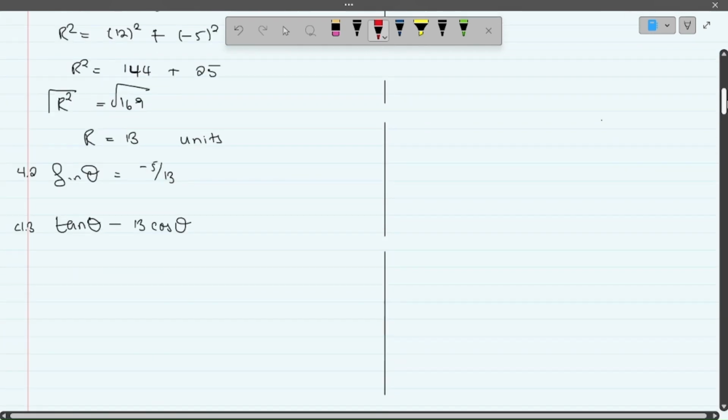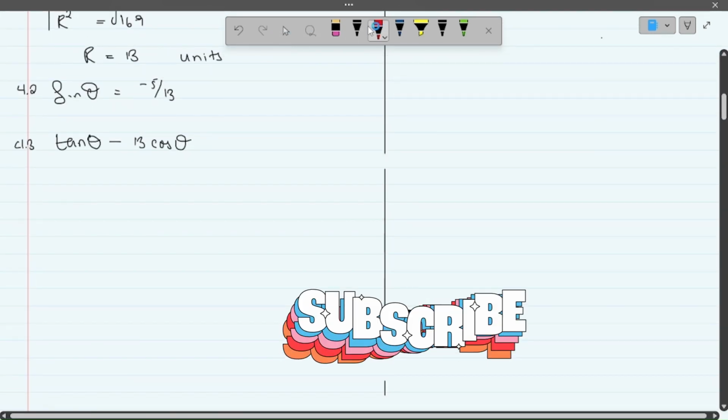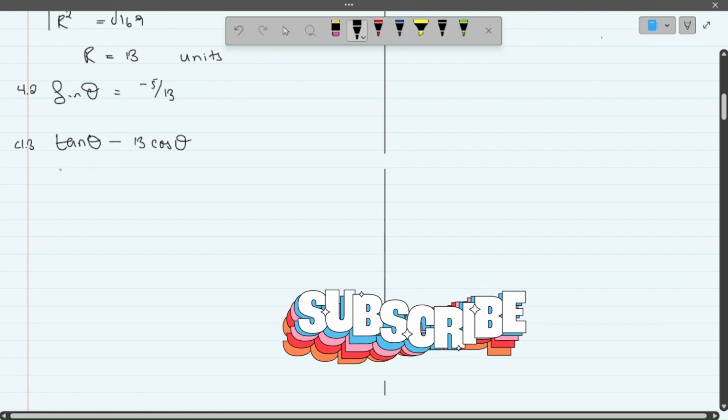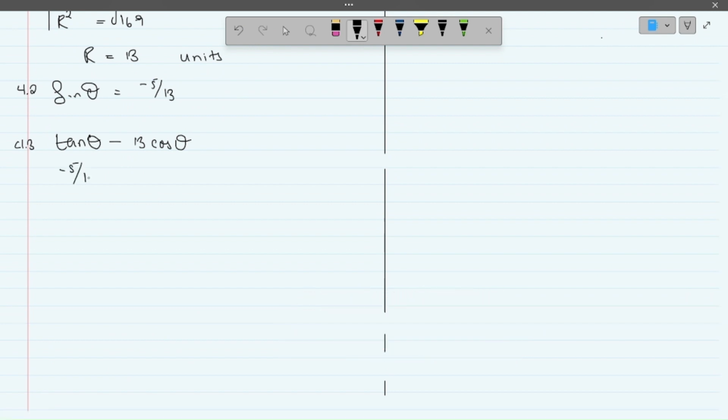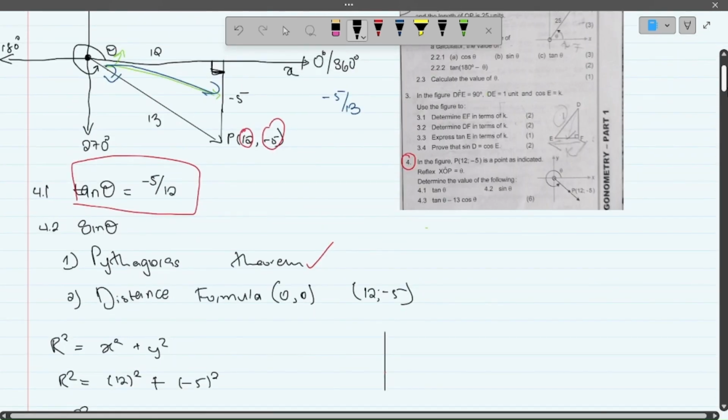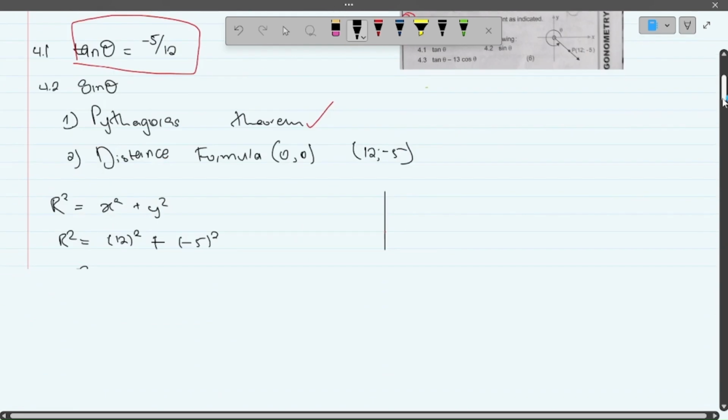So we have minus 5 over 12 minus 13, and then cos theta.